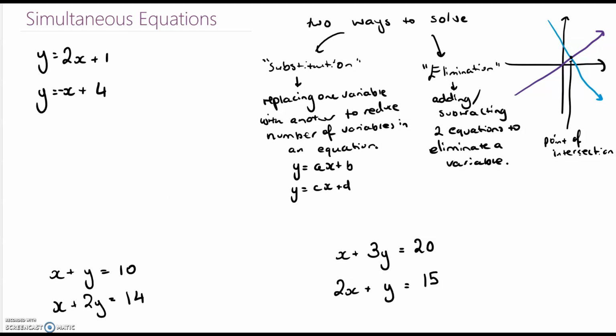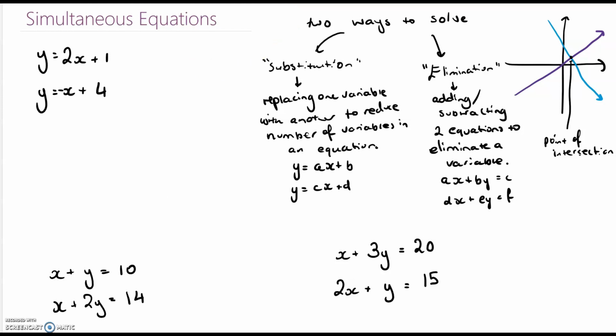Generally we use this one when our equations are written as ax plus by equals c, and then dx plus ey equals f. So where you've got the x's and the y's on the same side of the equation, and usually they've got some kind of coefficient in front of them as well. So that's our little summary of when we would use each type. The first one we're going to look at is substitution, and then we're going to go into elimination because there's a bit more variation in those.